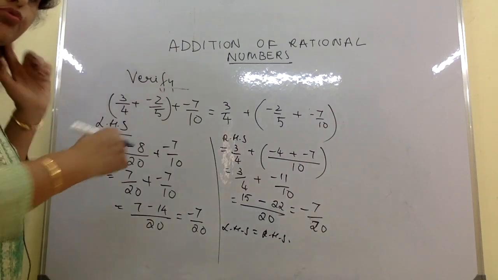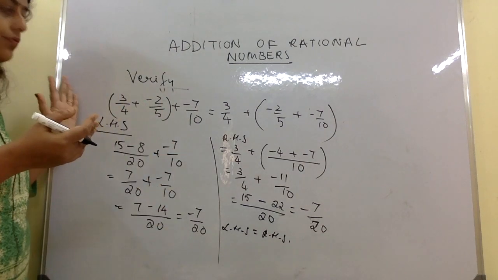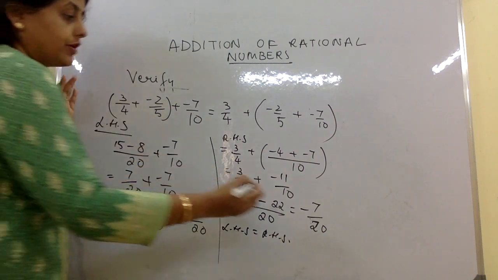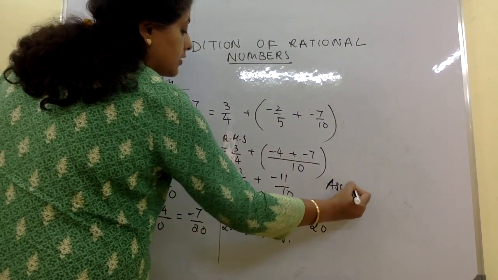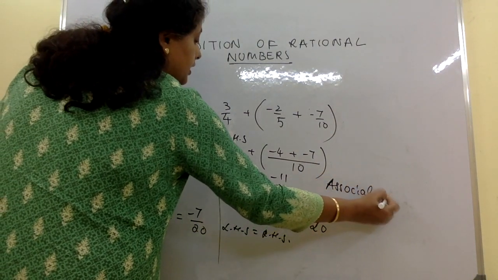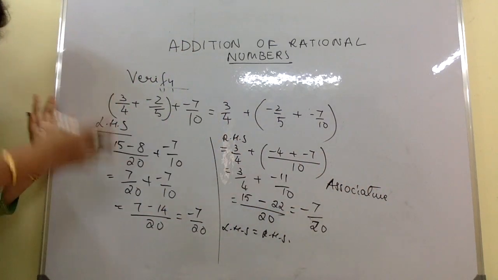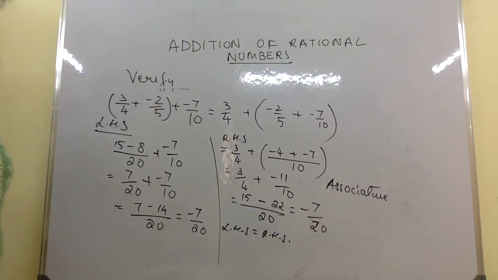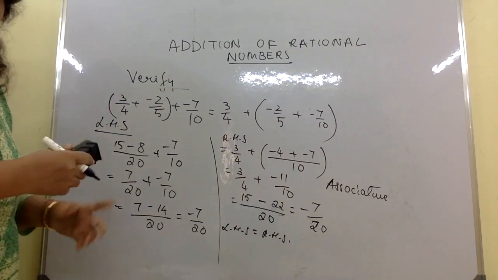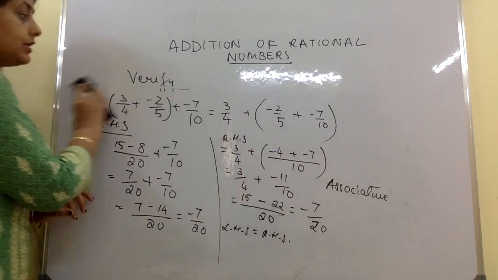Now if I ask you which property they were trying to verify here, they were trying to verify the associative property of addition of rational numbers, right? Now let me take up another question which is a fill in the blanks.